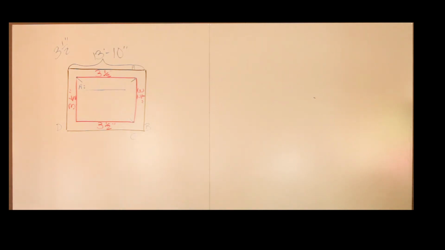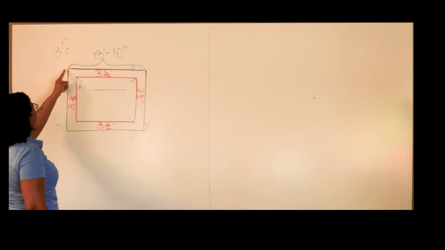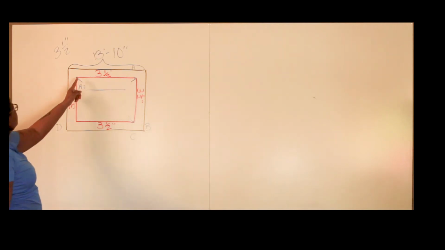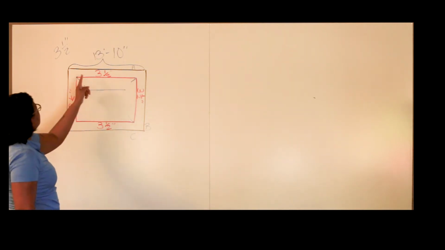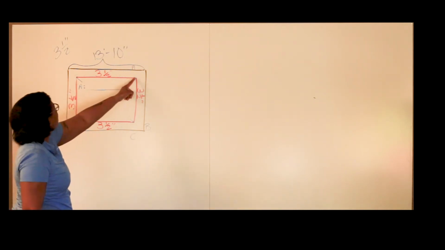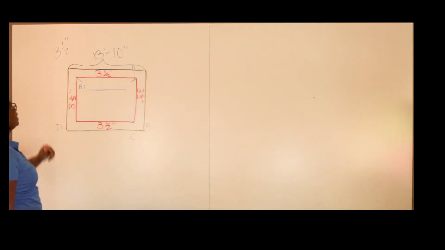So now we have an exterior of 13 feet 10 inches. Again, exterior meaning outside. The length of this line is 13 feet 10 inches. We have an interior, which is actually shorter than that exterior. The interior line for side A is shorter than the exterior for side A. So if we want to find what the interior is, we need to ask ourselves, do we add or subtract?